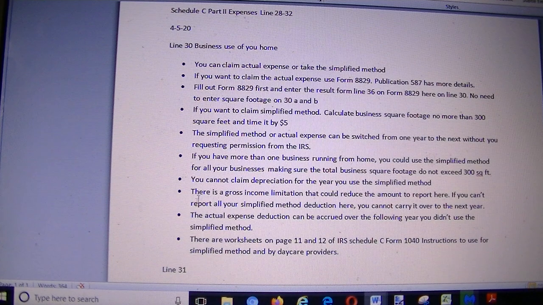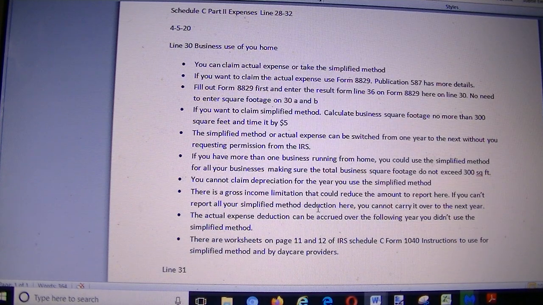So if your actual expenses are more than your gain and you have to carry over to the following year, if you still claim actual expenses, you'll be able to carry over to that year. But if you claim the simplified method, you won't use it.